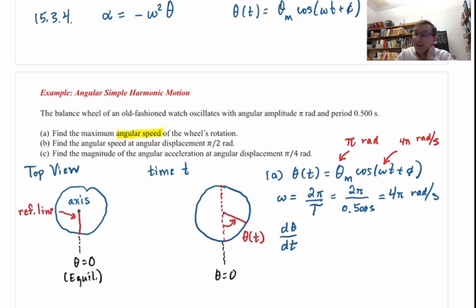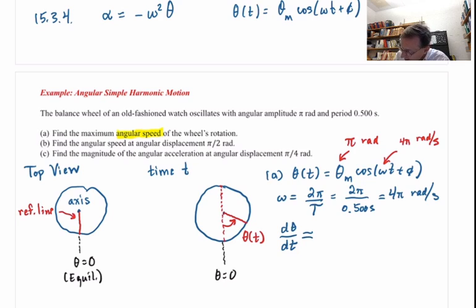That's what we mean, and that's how you should denote it. Don't use the symbol for this, omega, because that's the symbol for angular frequency. Just call it d theta dt when you have an angular simple harmonic oscillator. But then take the formula for theta of t, take the derivative of it using the chain rule.